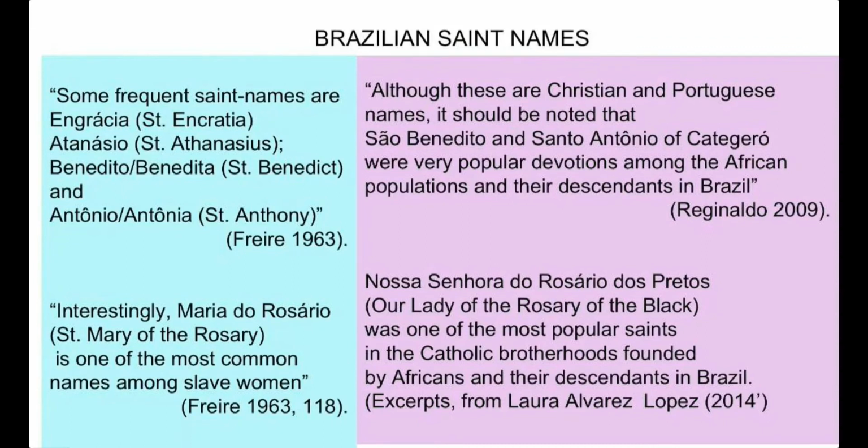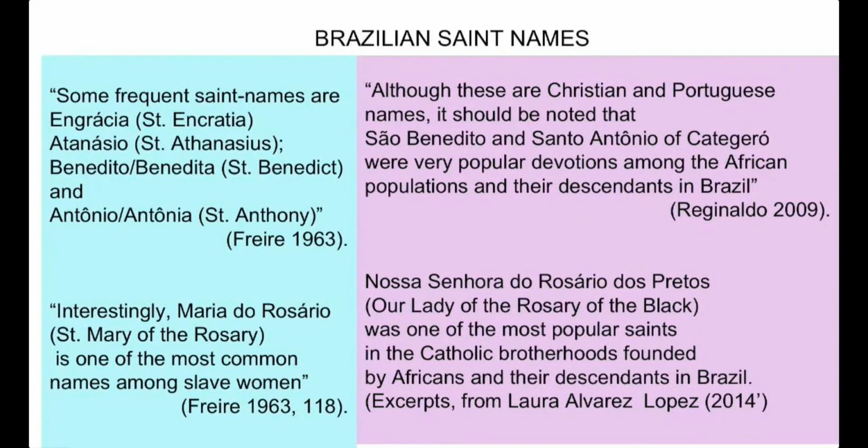They were not initiated into a name automatically. Many of them remained nameless for as much as 7 years. And they were merely called O Negro, the black, or Apeca, the peace, or many of them could be called O Escravo, which means the slave.